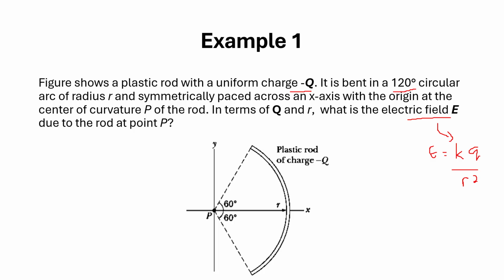Because of its bend, it forms an angle of 60 degrees equally above the positive y-axis and also below, on the negative y-axis.